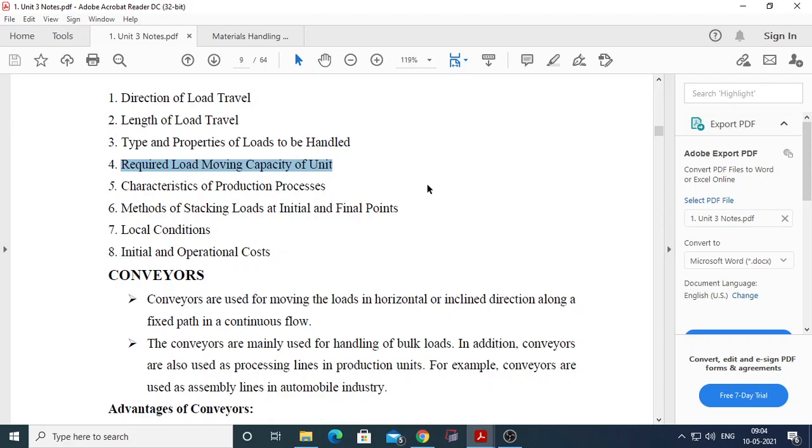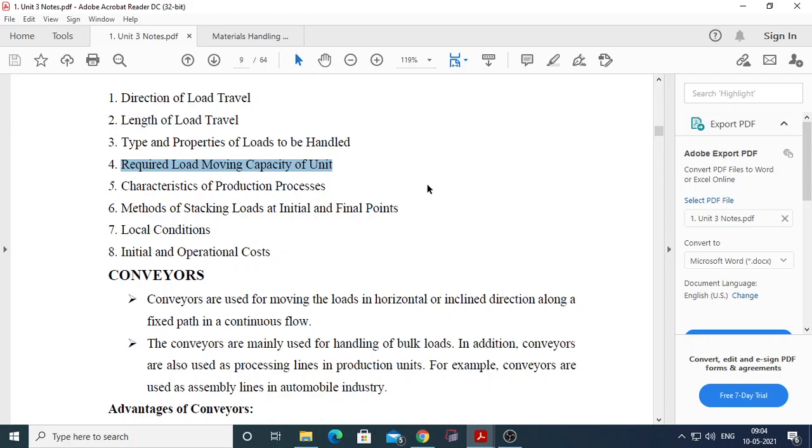If the capacity of the material is low, then you can use electrically operated overhead traveling cranes, or power driven trucks.